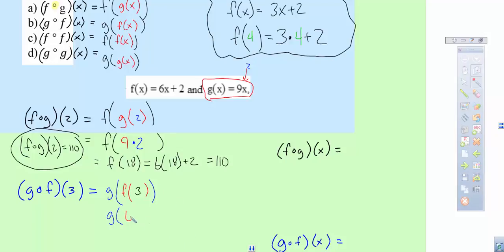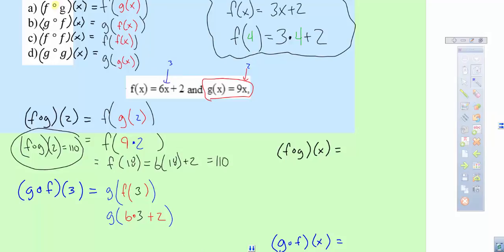Well, f in this case is 6 times my x, which is 3, plus 2. Remember, what I just did is take this 3 and plug it into my f right there. So that's where the 3 went in. So 6 times 3 plus 2.